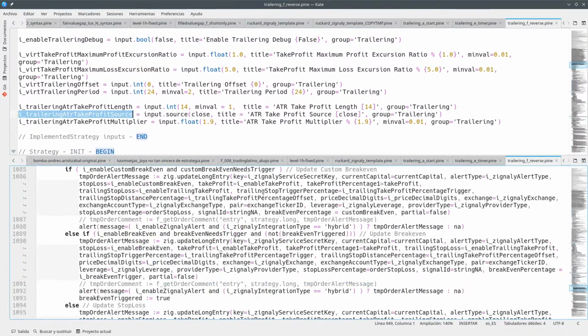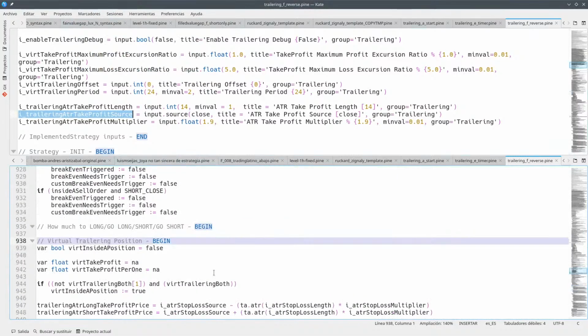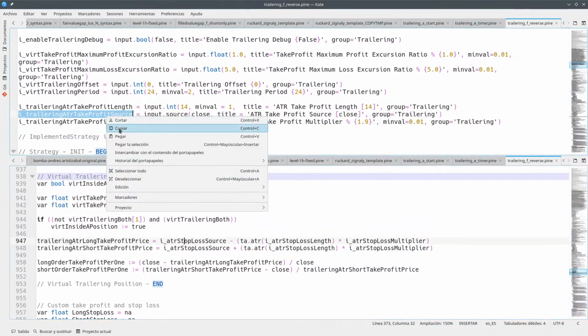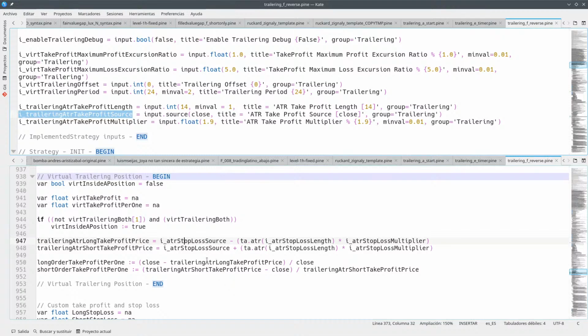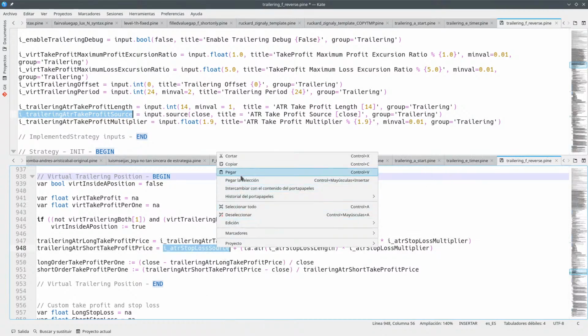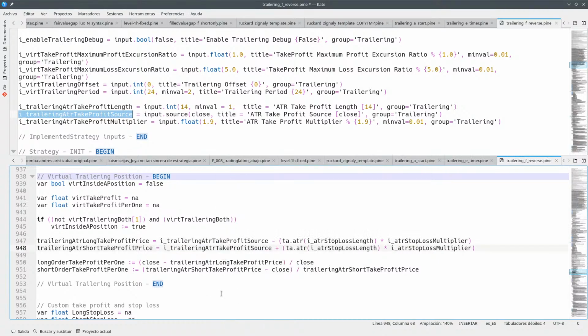And as I was saying, for the stop loss, the source is going to be always close, but we're going to use this instead. Nice. The length, same thing. Just copy and paste whatever we have here.